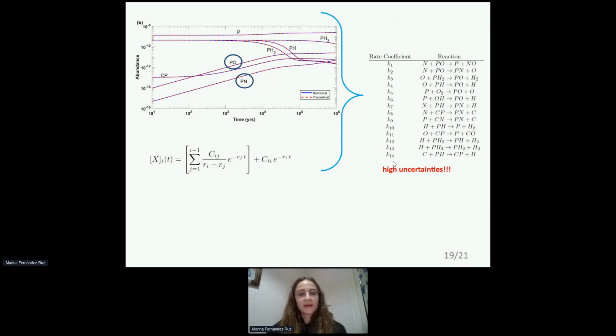We can calculate the abundances of PO and PN, which are the molecules that we are interested in, changing the rate coefficients. So we can assess how the changes in the rate coefficients affect the abundances of PO and PN. With this, first, we are going to identify which are the target reactions that affect most the outcome of the system, and then it is going to be used to reduce the uncertainties.